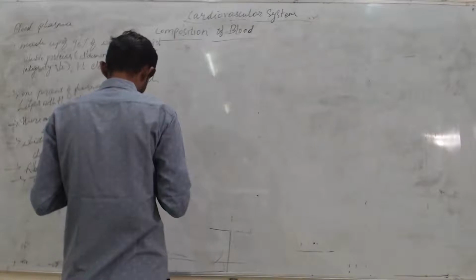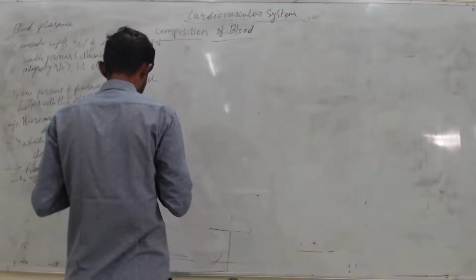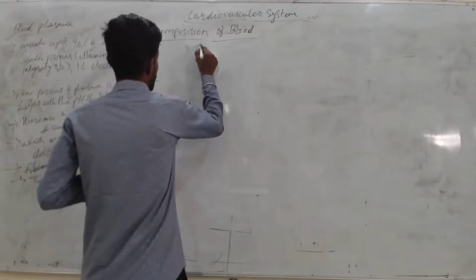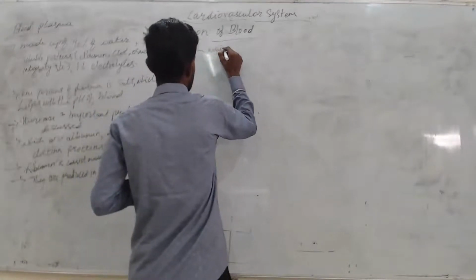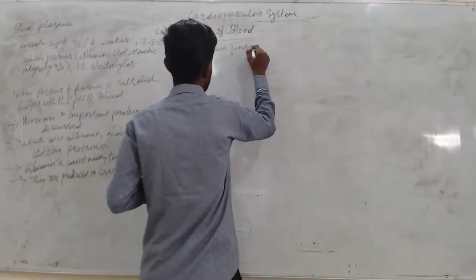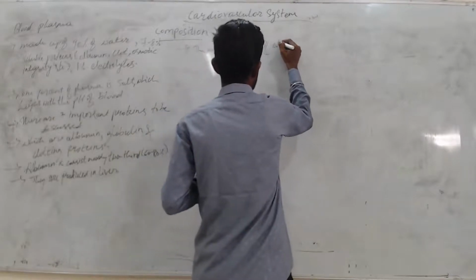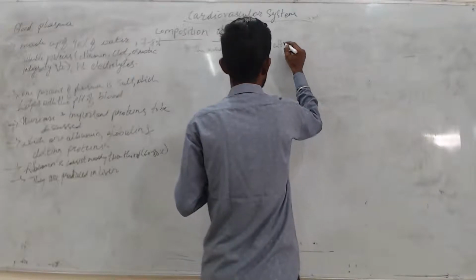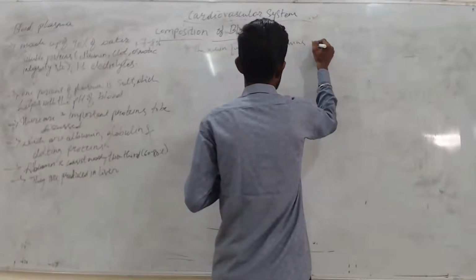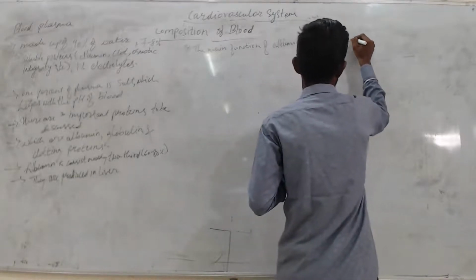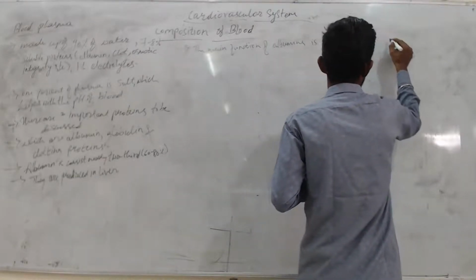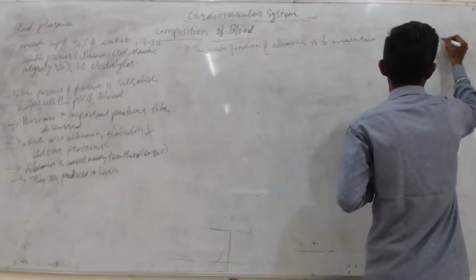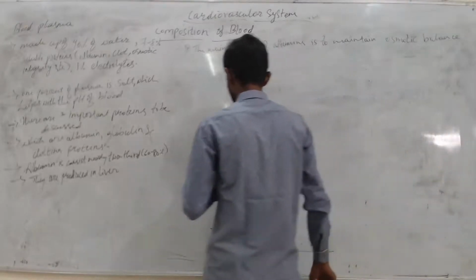The main function of albumin is to maintain the osmotic balance between blood and the tissue fluids.